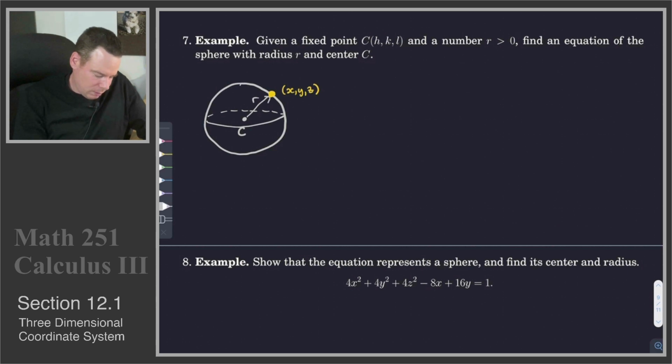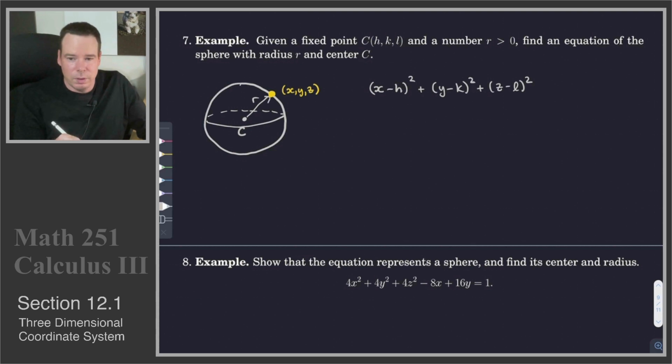So what is the distance from this to the center point? Well, the distance would be x minus the x-coordinate of the point at the center, plus y minus the y-coordinate of the point at the center, plus z minus the z-coordinate of the point at the center, square rooted, would have to equal r.